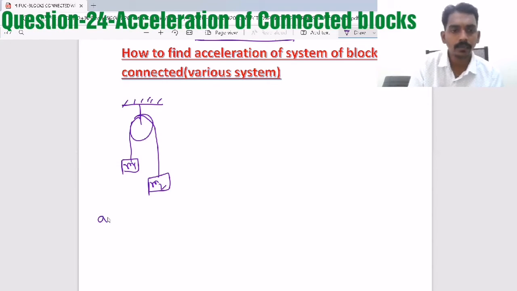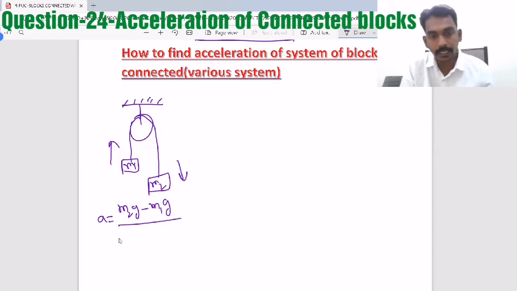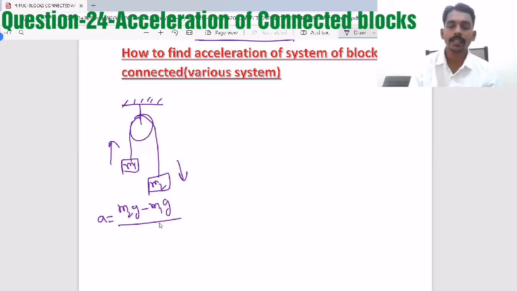Then the general formula for acceleration is total pulling force. That means M2 greater means M2G, so M2 will go down and M1 will go up. So it is the total pulling weight down minus the weight acting in the opposite direction, divided by total mass.